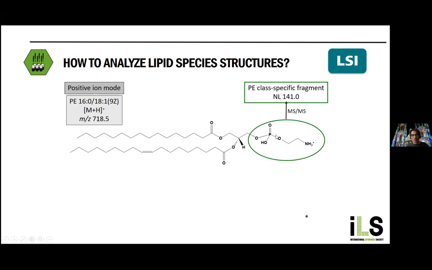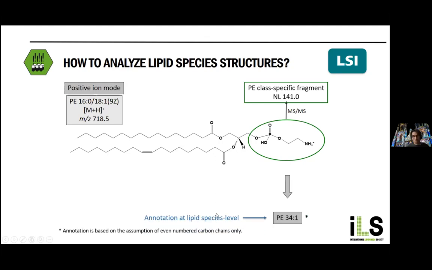And if we see the matching fragment, we can of course not annotate the acyl chains. We can only annotate the sum of these acyl chains, because we cannot differentiate these chains, and we call that lipid species level.